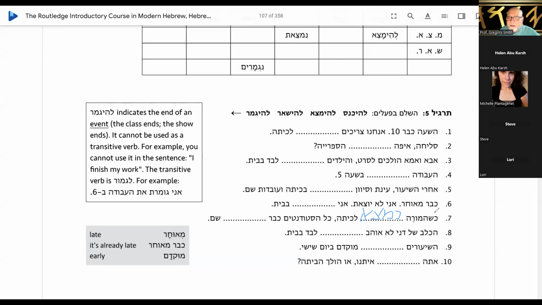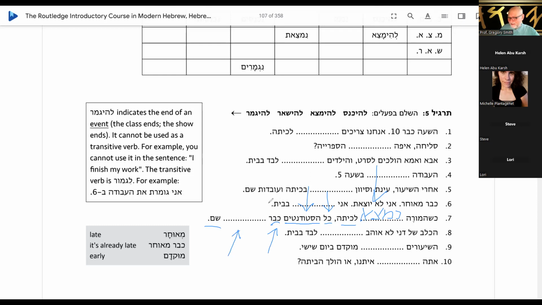Okay, so we got Kesha More, the teacher, Nimsa is located, Lakita in the class, Kol, that means all, Hastudentim, all the students, Kaver, I think that's Kavar actually, it sounds more like Kavar. They are located there. In other words, they make sure they get in the room when the teacher gets in the room.